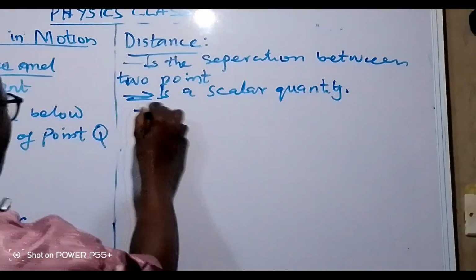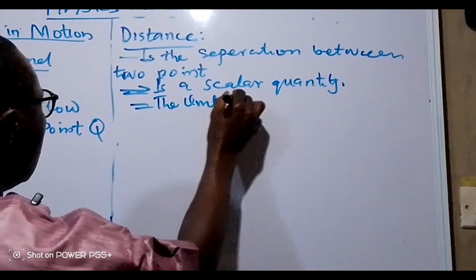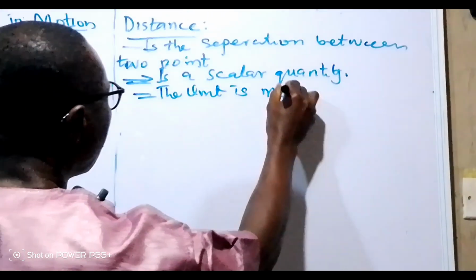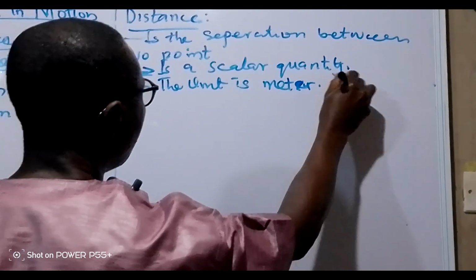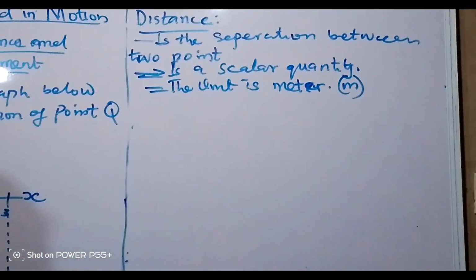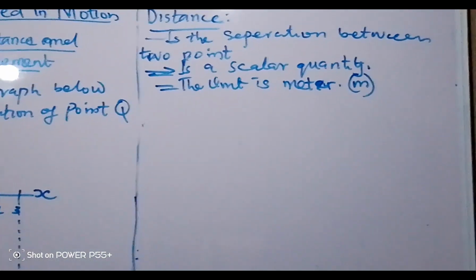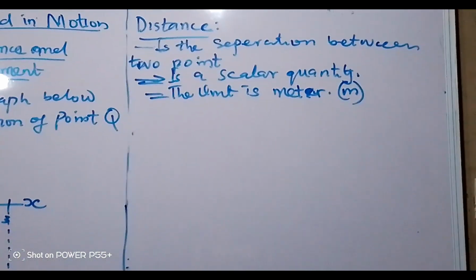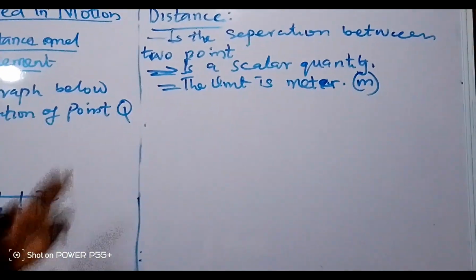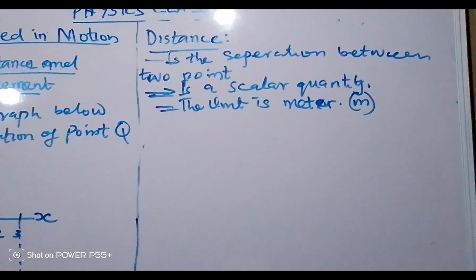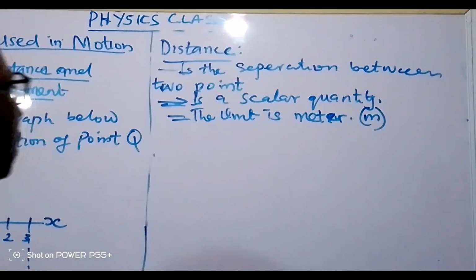Already we know that the unit of distance is the meter, M. To measure horizontal distance, which we have done before, the best instrument is the odometer. Don't forget our former lesson. If it is vertical distance, which is height, we use the altimeter. We discussed that from our former lesson.